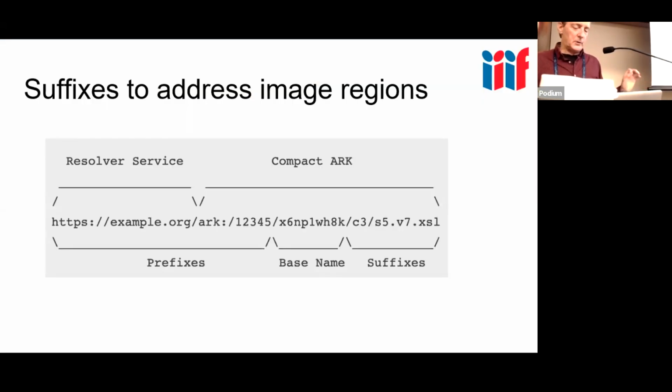So there's a nice connection to the BNF study through the IIIF image standard, a very popular standard, and there's a natural parallelism between ARK suffixes and that standard. This is about the need to address hierarchical subregions and variants within images.